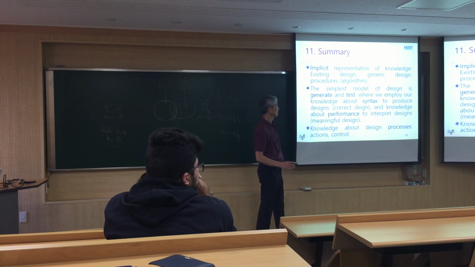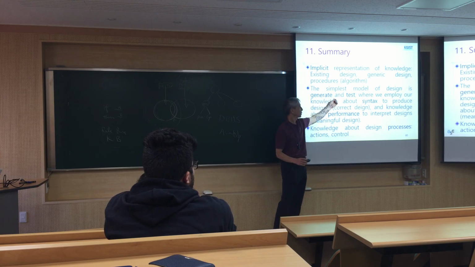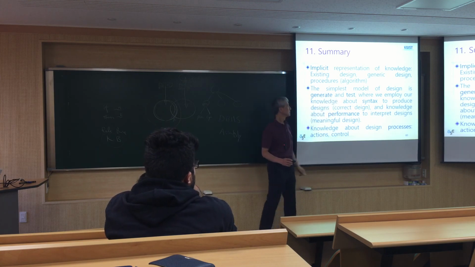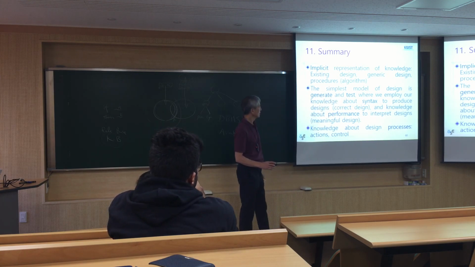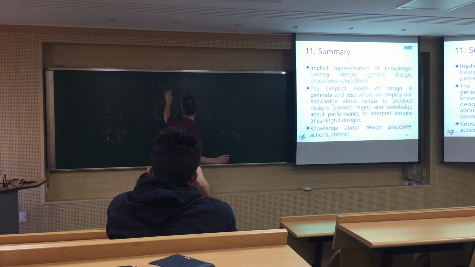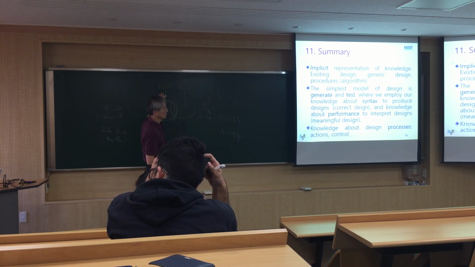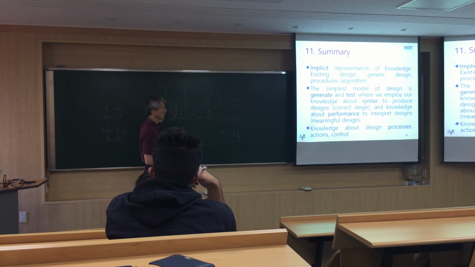That's a simple way, so you can do it this way. Computers can do this well, where we employ our knowledge about syntax to produce designs, legally correct designs, and then use interpretive knowledge to arrive at performance or meaning to interpret designs and find the correct and meaningful intersection.